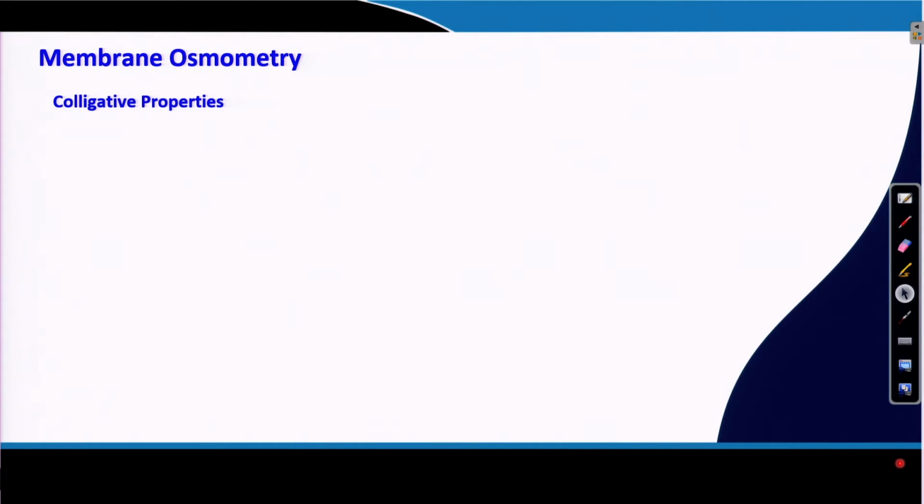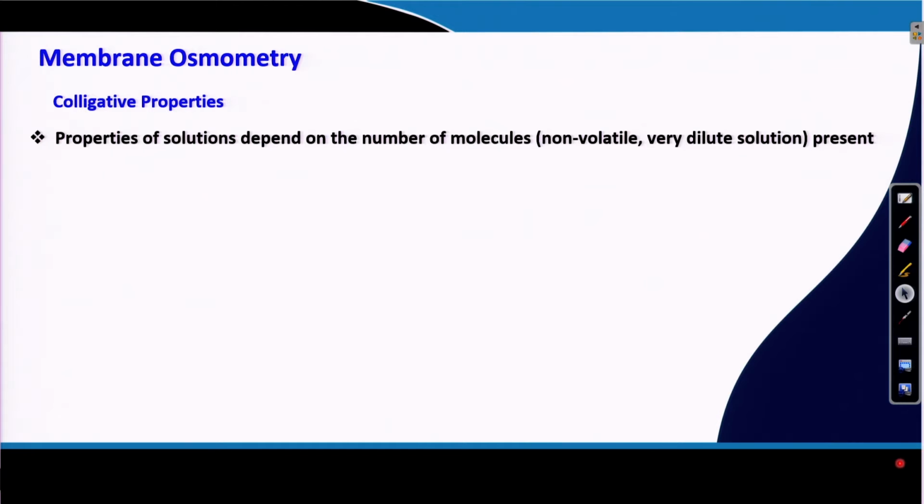Membrane osmometry is based on colligative properties of a solution, and from your previous knowledge you know that colligative properties of a solution depend on the number of molecules. When you talk about the number of molecules, the molecules should be non-volatile and the solution very dilute.